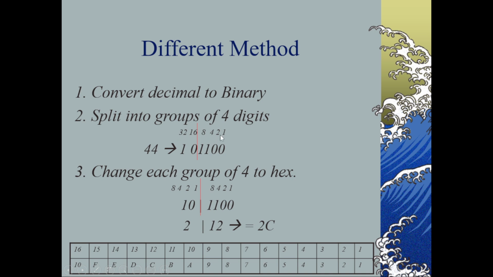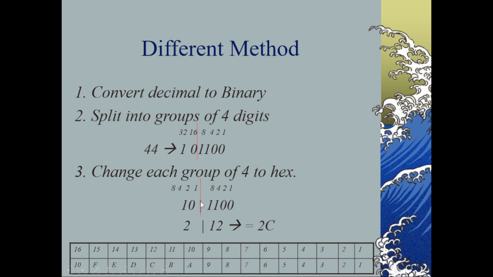At the top here, I've given you the groupings, right? Then you split it into 2 groups of 4. So you get the first nibble of information, four bits, and then you start over again with 4 bits.